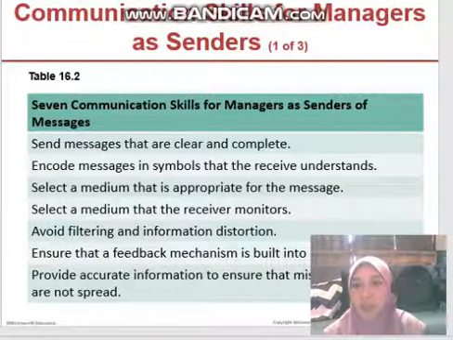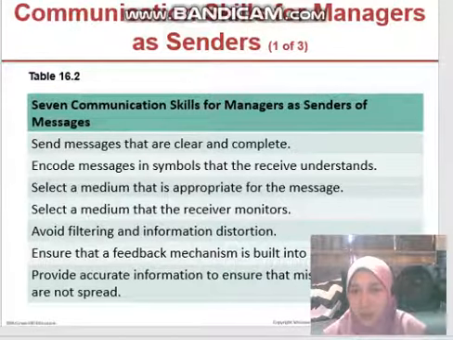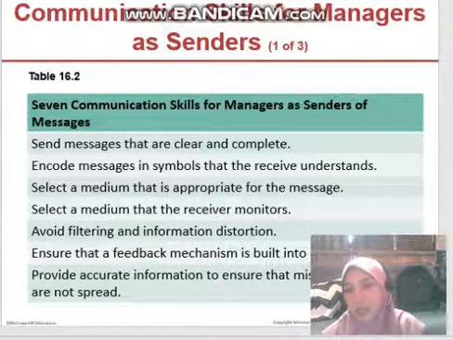Managers need to encode messages in symbols that the receiver understands. Then the manager selects a medium that is appropriate for the message.